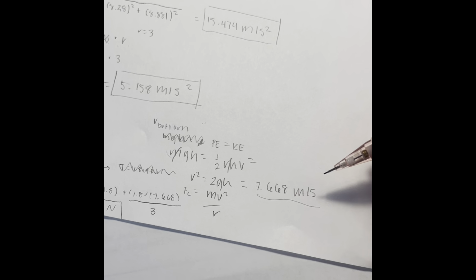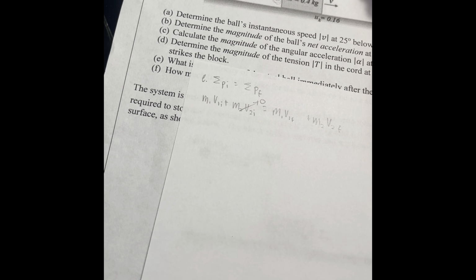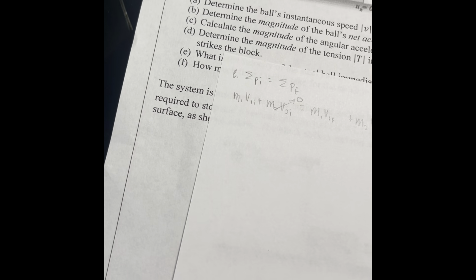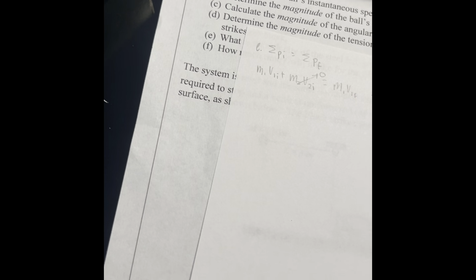And then v1 initial we found in part B at 7.668, because as the ball swings from the initial release position to fully extended, just before it hits the block, all of the potential energy will be converted into kinetic energy.